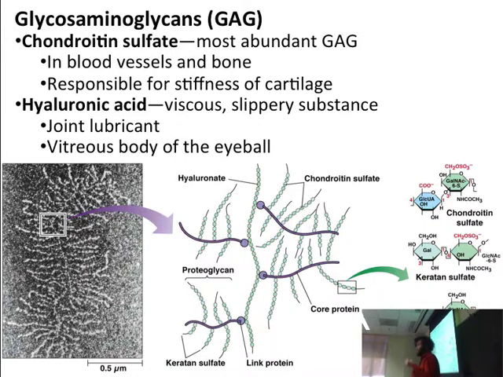So for example, mucus is a type of fluid that has these glycoproteins in it that holds water and resists dehydration. Saliva, the slime that's on a slug, whatever, any of those kinds of things protect the surface and don't dehydrate very easily.